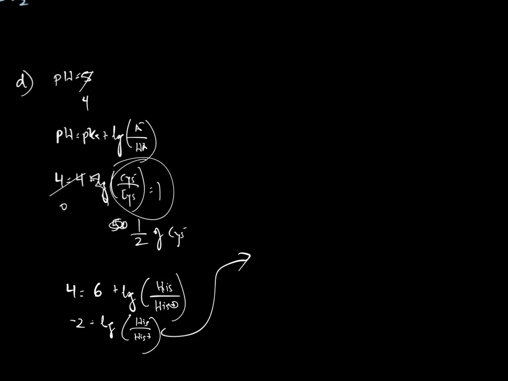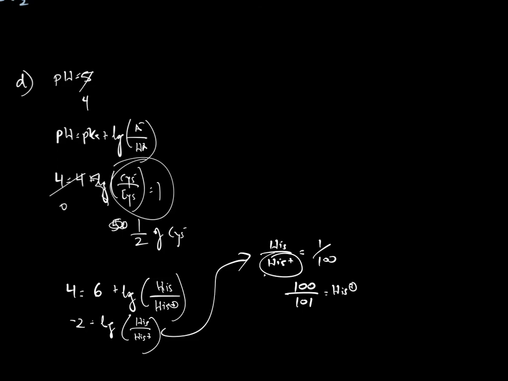And then when you work it out, you get that histidine over histidine positive is 1/100. So then the fraction of histidine positive, keep in mind that it'll be positive here because the pH is smaller. It's less than its pKa of 6. So that's why histidine positive will have a fraction of 100/101.